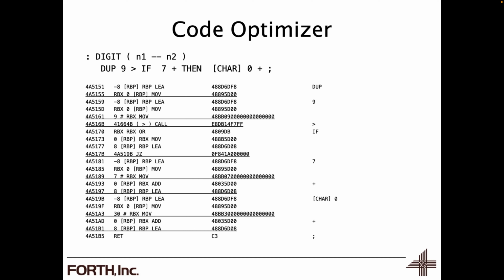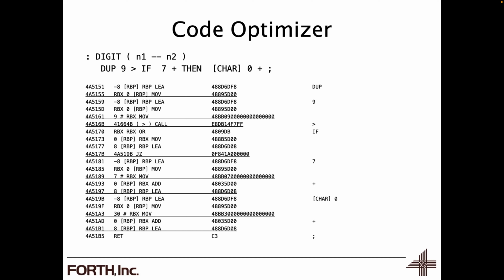This is just an example of the code optimizer and how it looks. Here's an unoptimized version of the word DIGIT, which takes a binary value from 0 to 15 and converts it to a printable ASCII digit: DUP 9 > IF 7 + THEN CHAR 0 +. Here it is unoptimized, and I just divided it up. Each of those lines shows you all of the code in an unoptimized system for each of those pieces.